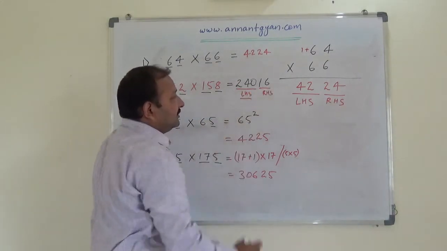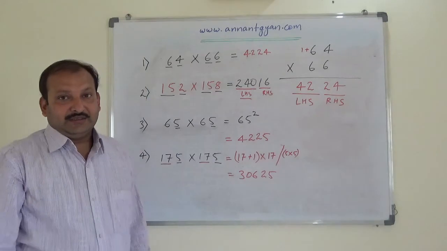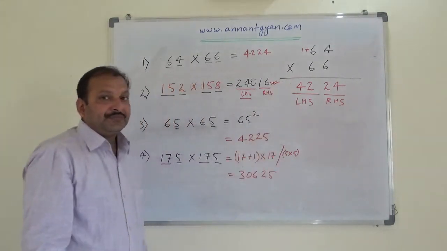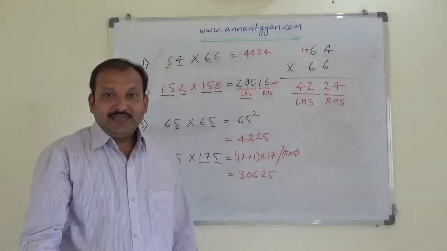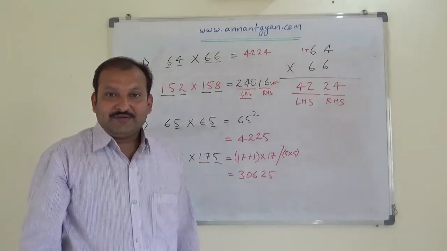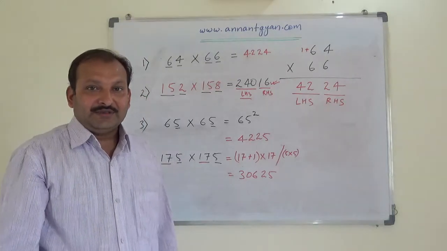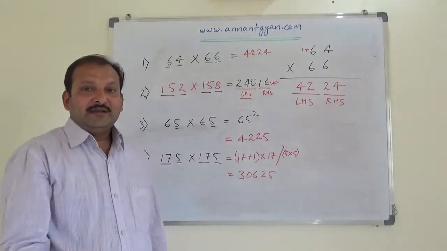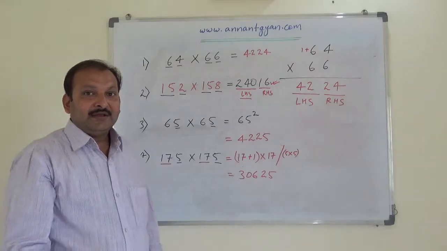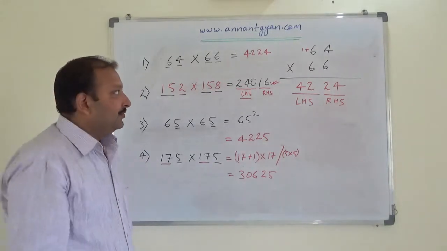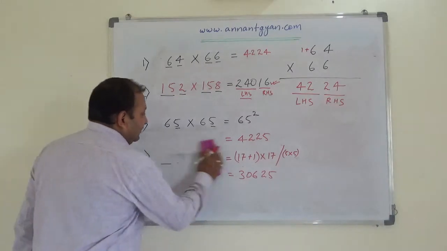So I shall write this 16 in the RHS, and finally we shall get the answer quickly. So this process is very useful to get the answer very fast. Now I shall explain the next technique, which will be very useful to get the answer quickly.